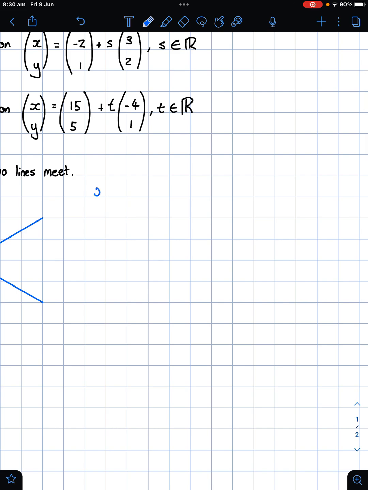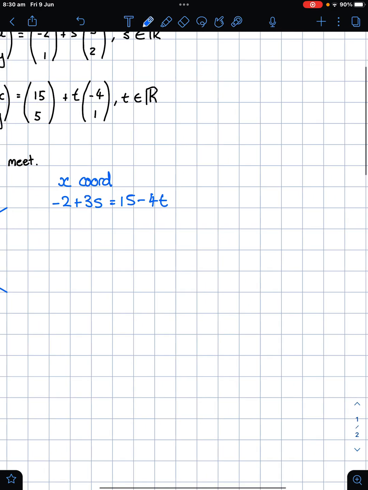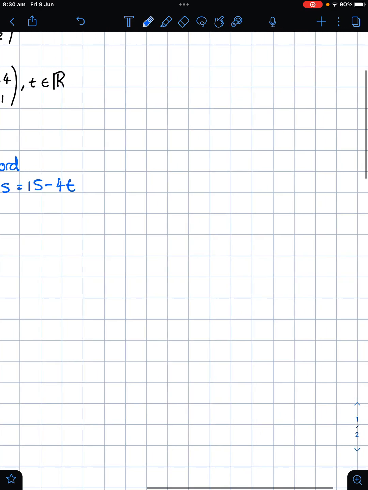so I'm just going to write here x coordinate, and we're looking at -2 plus 3s, and if this is the same as the x coordinate of the other line, which is 15 minus 4t, so I've put x equals 15 plus -4t there, so that if those things are equal, we're going to have the same x coordinate on both lines.